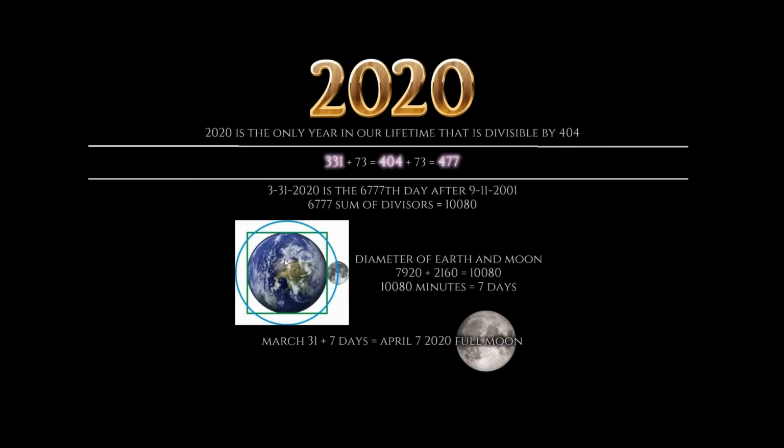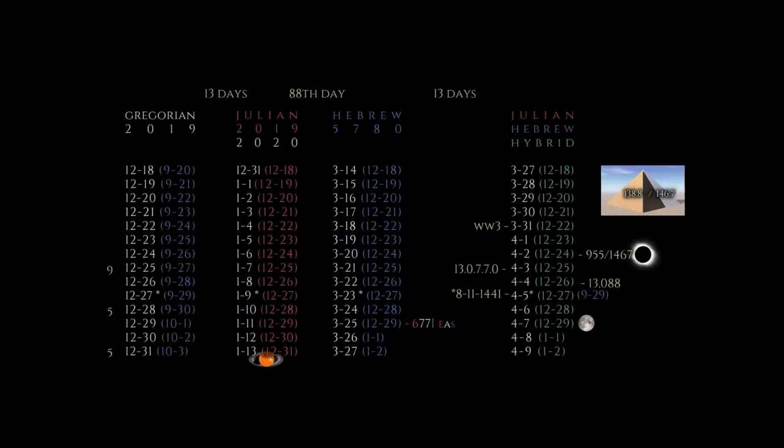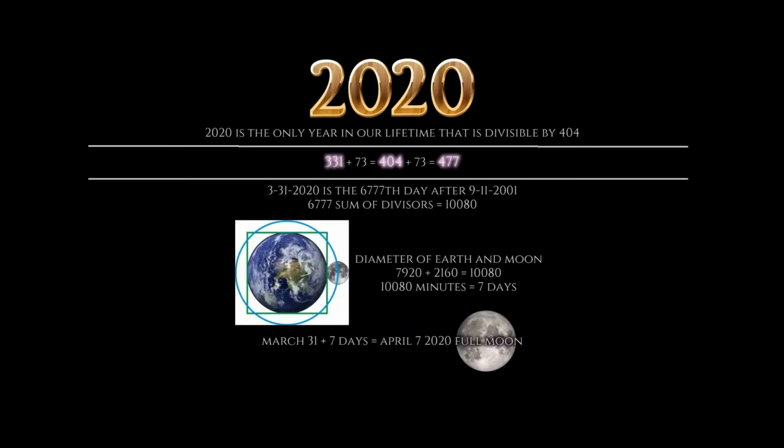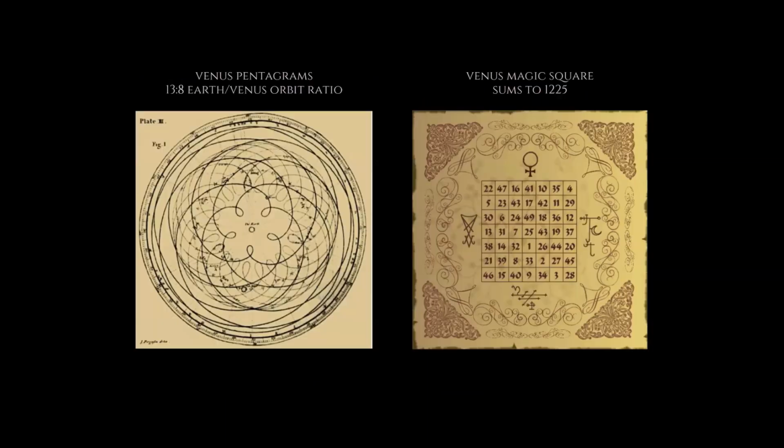We reach the full diameter of the Earth and the Moon together. And I've had this little moon on my calendar here for quite a while, but this is the full moon on April 7th, 2020. Kind of neat how that works there.